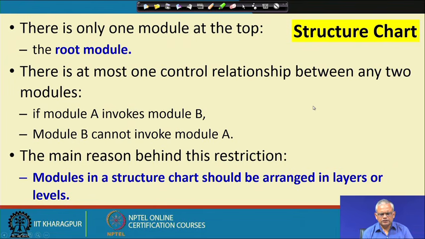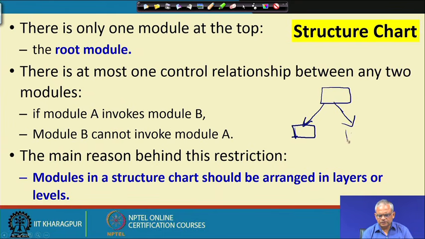Now, in the structure chart, there will be only one module as the root, and then there are control relationships between two modules if the module invokes the other module. Based on the methodology that we give, and also any structure design methodology, we always come up with a structure like this.